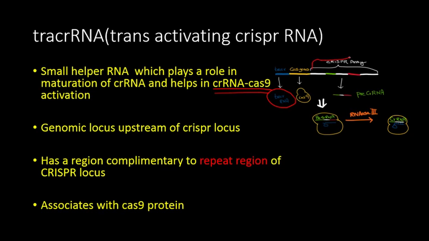This is the CRISPR locus, and this is the tracer RNA gene. As already told, it has a region complementary to the repeat region. The white is the repeat and the blue is the tracer RNA, complementary to the repeat, and it will form pairs with that. The tracer RNA also associates with the Cas9 protein.